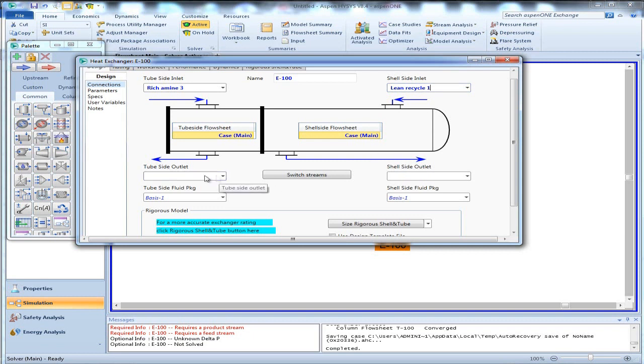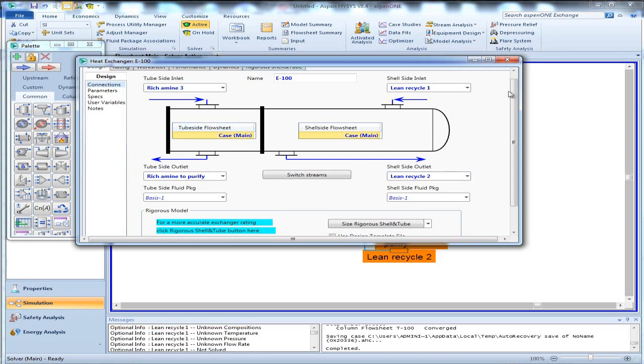And the output from the tube will be rich amine to purify. For the shell side, just keep it as lean recycle 2.